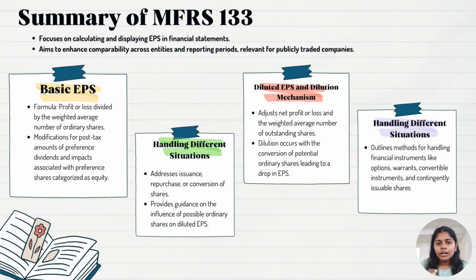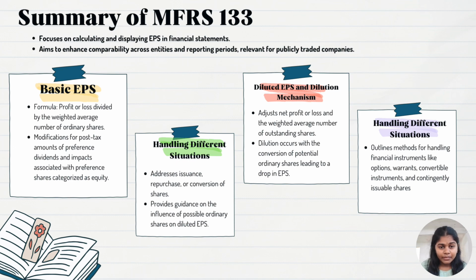organizations for public issuance. MFRS 133 largely emphasizes the denominator in the calculation of EPS. To get the basic earnings per share, companies divide the profit or loss by the weighted average number of ordinary shares held by the parent company's equity investors over the given period.